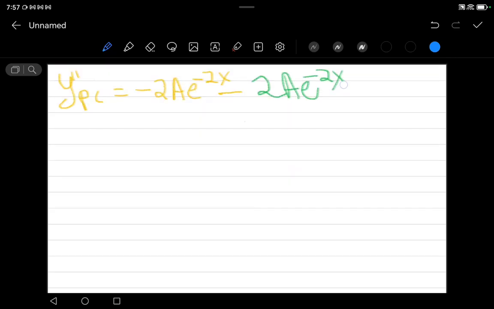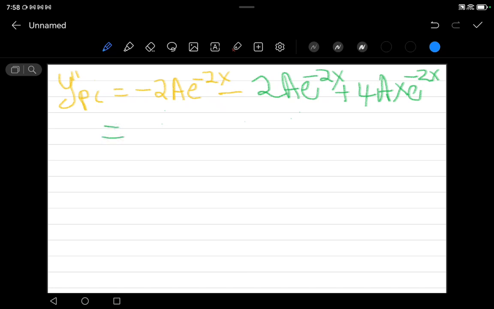Okay, so here it's going to be plus 4ax e to the power of negative 2x. Okay, so this is how it's going to look like. And then therefore we have the same here. We have negative 2ae and negative 2ae.